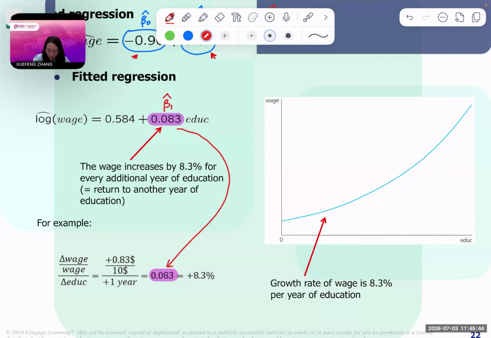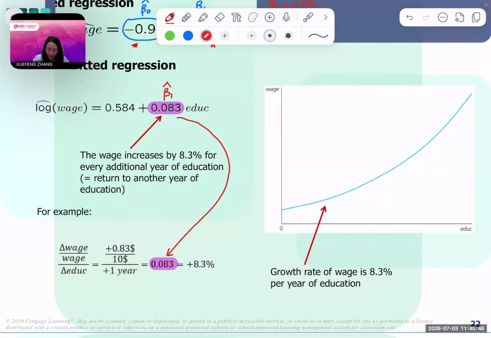Okay. And then we need to transform it into percentage, okay? So it's going to be positive 8.3%. And this shows you the growth rate of wage is 8.3% per year of education. Okay.